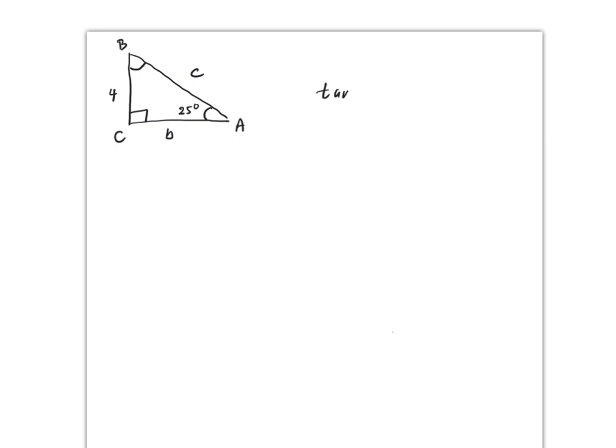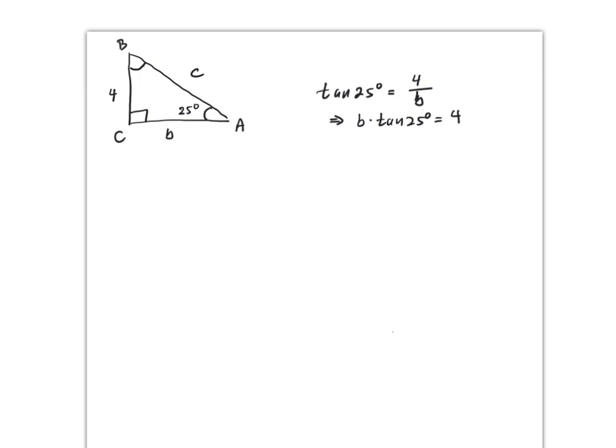Tangent of 25 degrees is 4 over B. Cross multiply, so B times tangent of 25 degrees should be equal to 4.